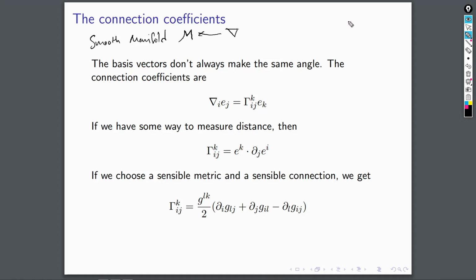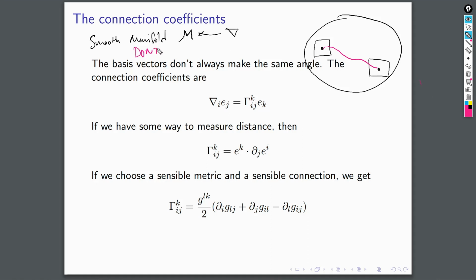And this allows us, before, all of these tangent spaces on different parts of the manifold were all kind of separate, but with the connection, we can link them together in a very precise kind of way that is not important to this video, okay? And actually, you don't need a metric, okay? So you don't even need to be able to measure distances to be able to do this in a sensible way.